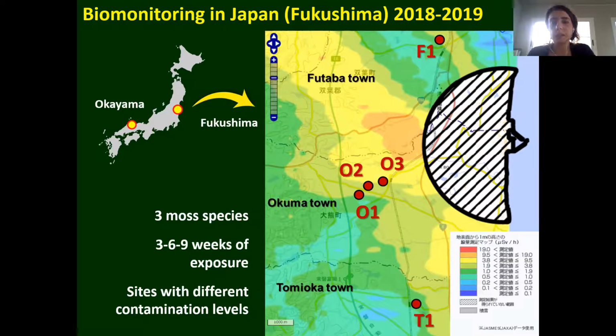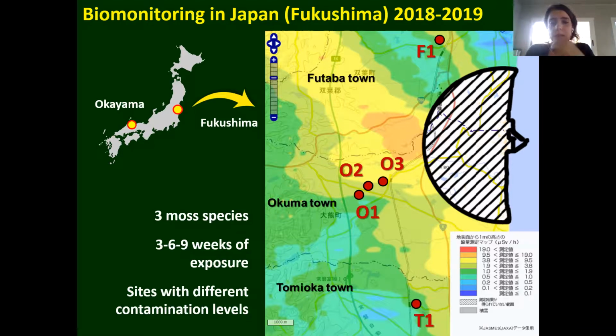There is still work to clean the area very near the nuclear power plant. But at the other sites there were a lot of activities to decontaminate the area, so we could go to these sites, Futaba or Kumatomioka.